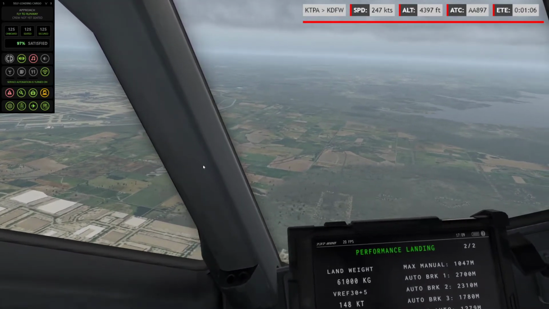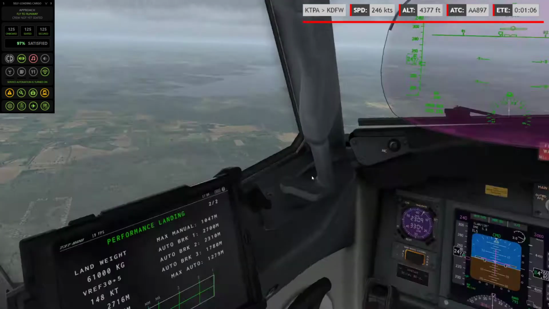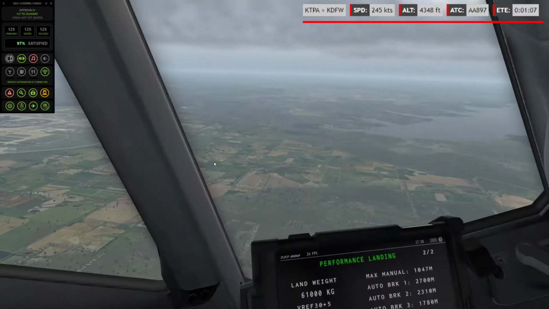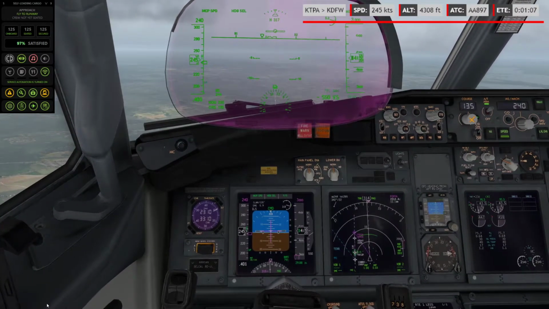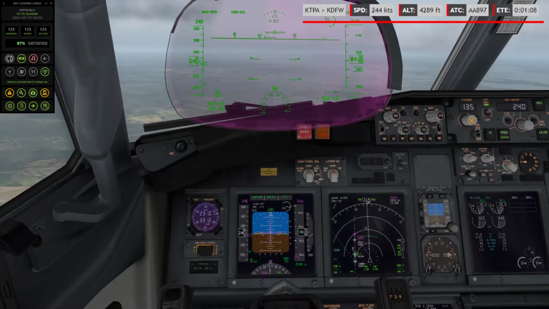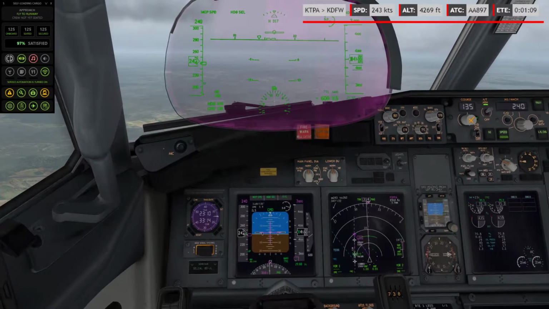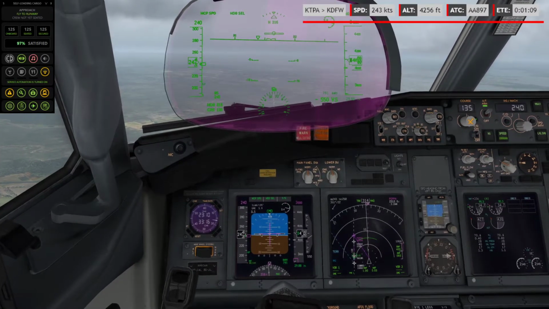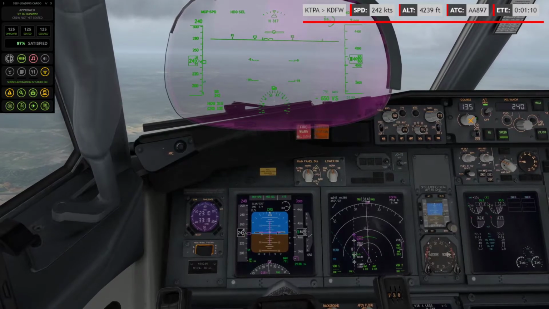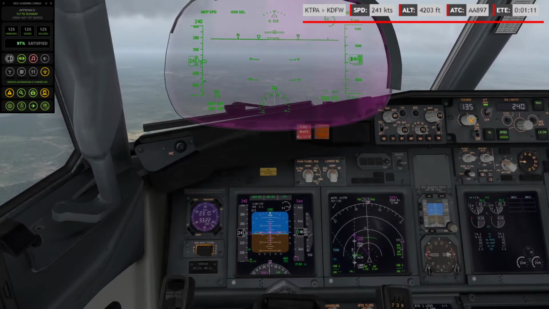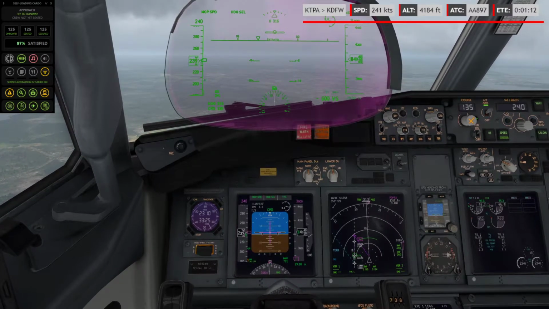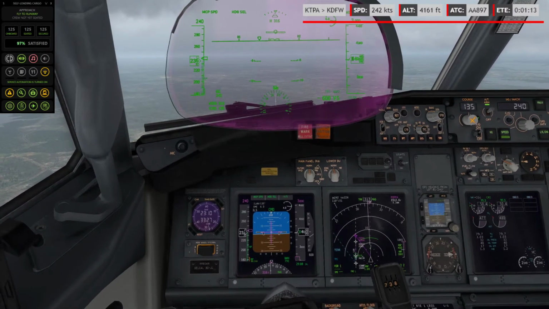Why do I feel like we are going the wrong way? Are we going the right way? I feel like I missed something. Hold on, let me check the charts. Because I thought the terminal is... So 13 right.